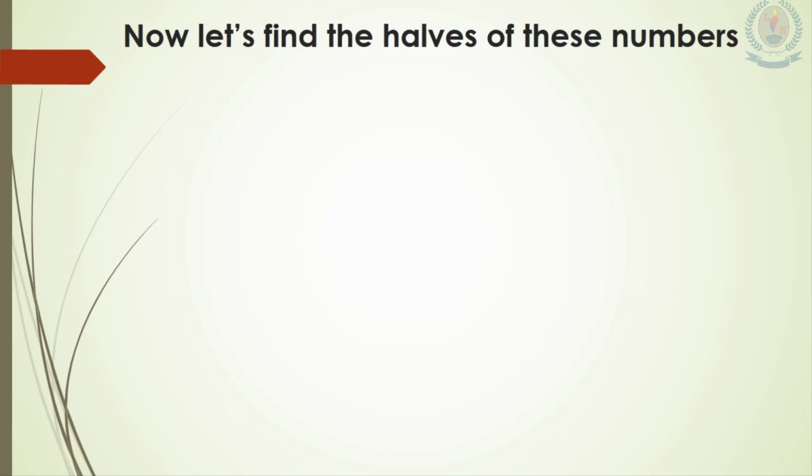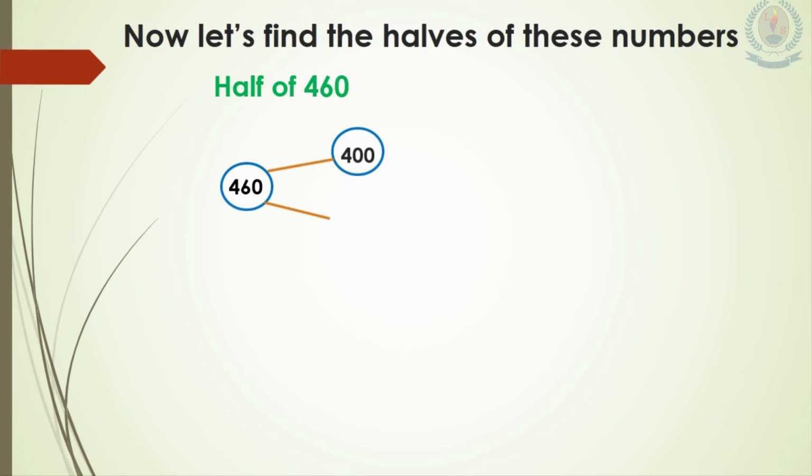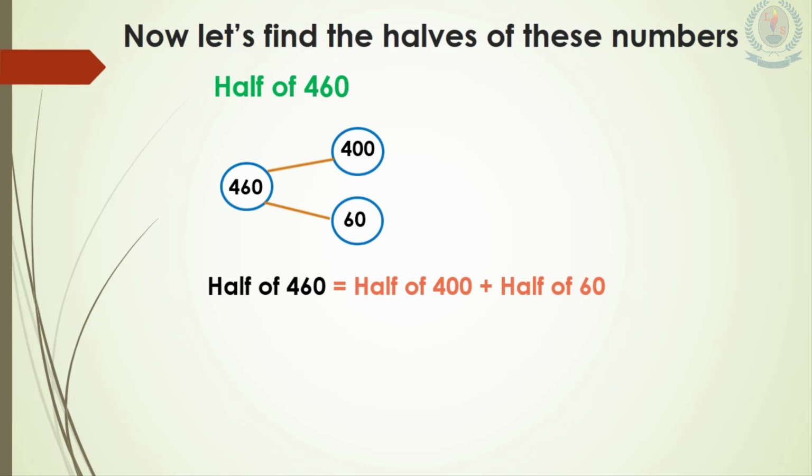Now let's find the halves of these numbers. Half of 460. 460 can be regrouped as 400 and 60. To find the half of 460, we can separately find the half of 400 and half of 60.